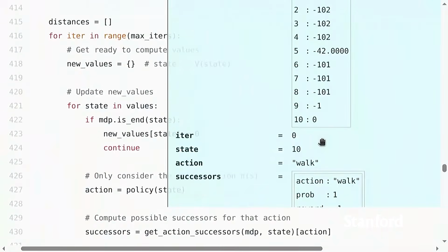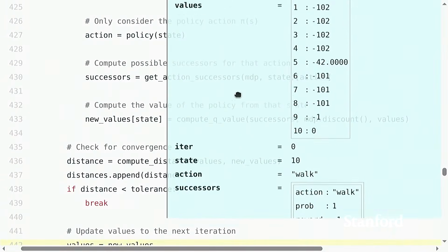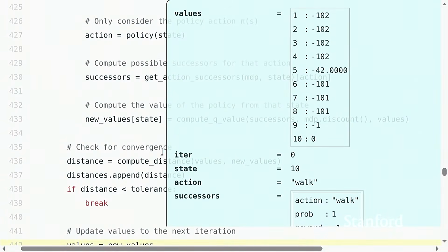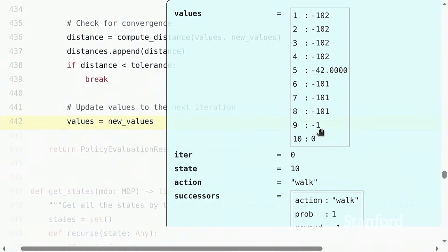And now the updated values look like this. Let's pause a moment and try to understand why. Before, they looked like this, and now after one step, which corresponds to following the policy and then just terminating, they look like that. Notice that 9 has now updated to minus 1.